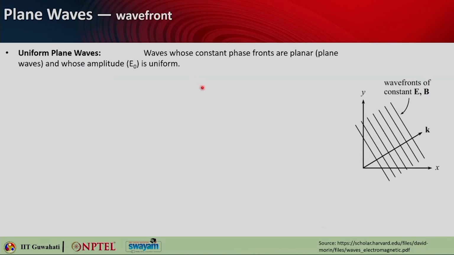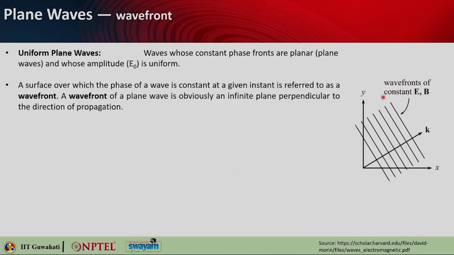So here is the definition. Uniform plane waves are nothing but waves with constant phase fronts. The phase fronts are planar, and the amplitude E0 is also uniform across this plane.